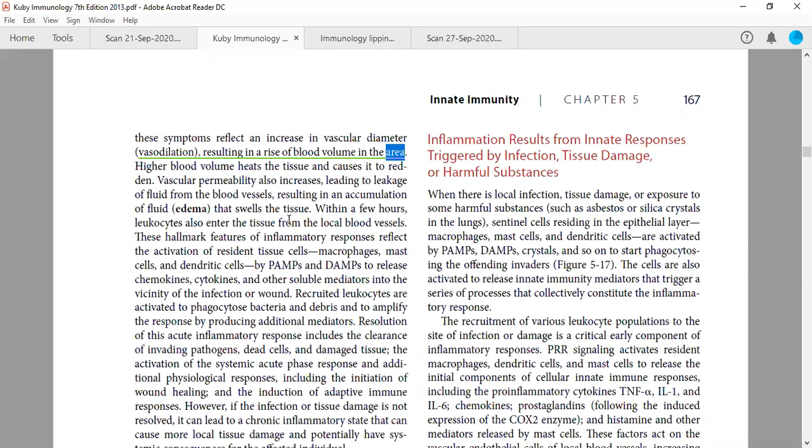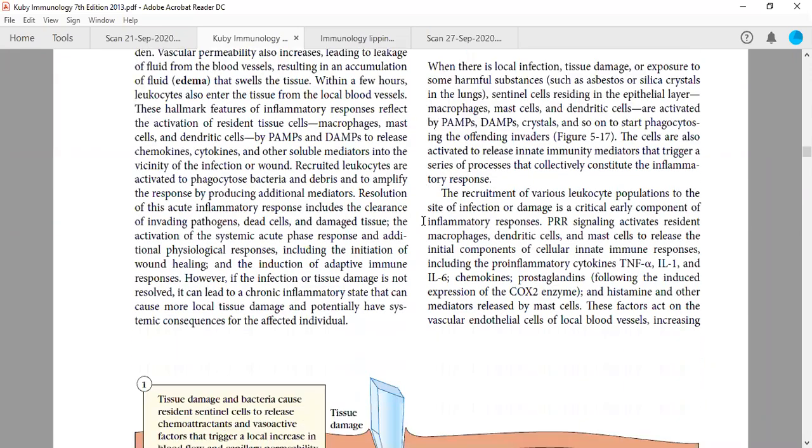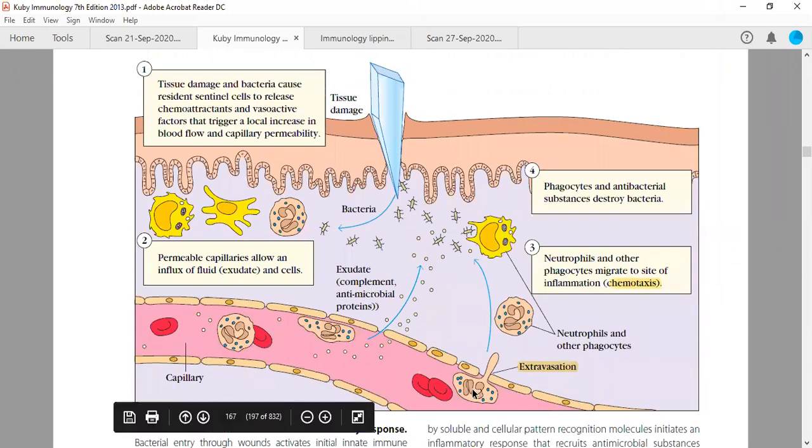All right, so up to here you are able to understand how these inflammatory responses are happening and how the cells are coming out of the blood circulation and reaching the site of injury or infection.